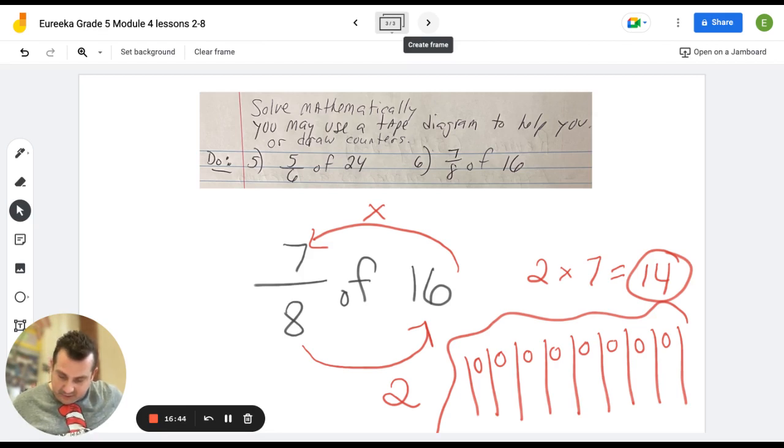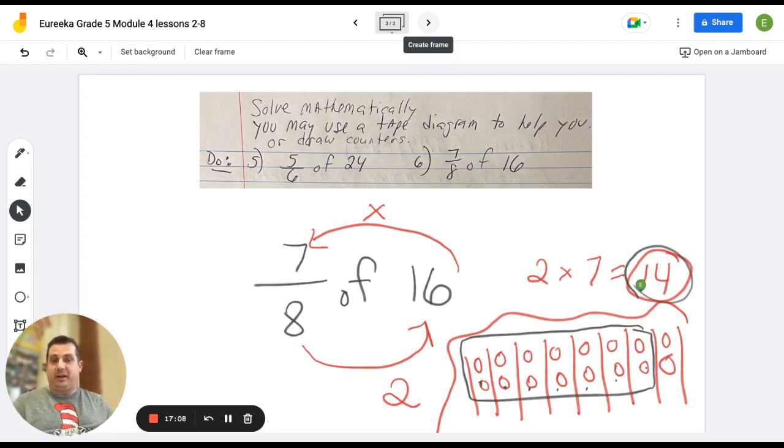That's 9, 10, 11, 12, 13, 14, 15, 16. Perfect. I gave out all 16, and now we just look at 7 groups. 7 groups would be 2, 4, 6, 8, 10, 12, 14. And you get the same answer.